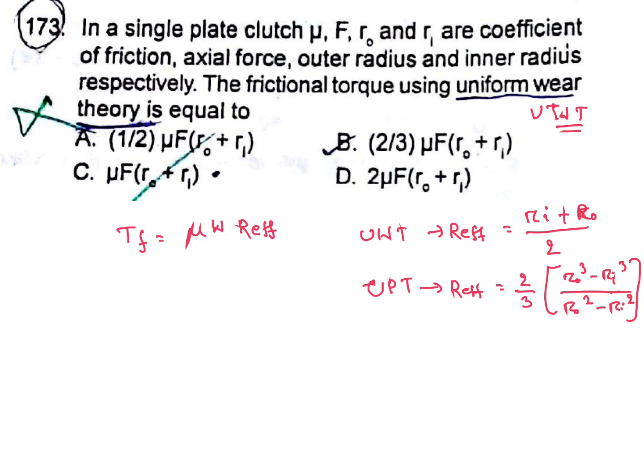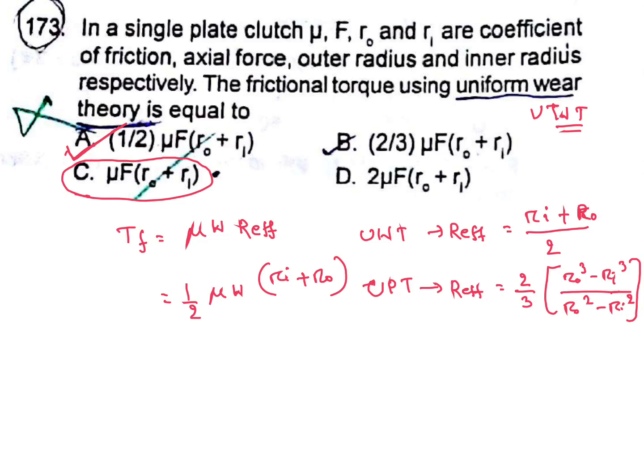So 1 by 2 mu W (Ri plus Ro) you will get. So from the options, A is our answer. But the official answer they gave C. But the answer is A.